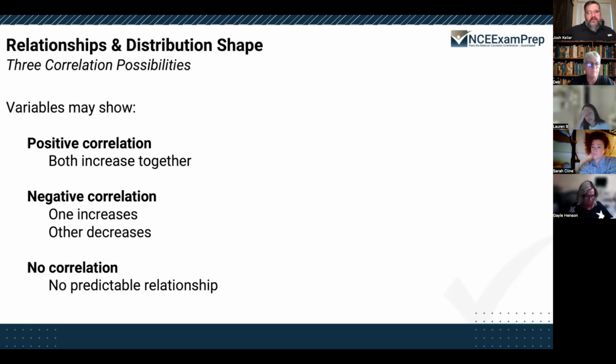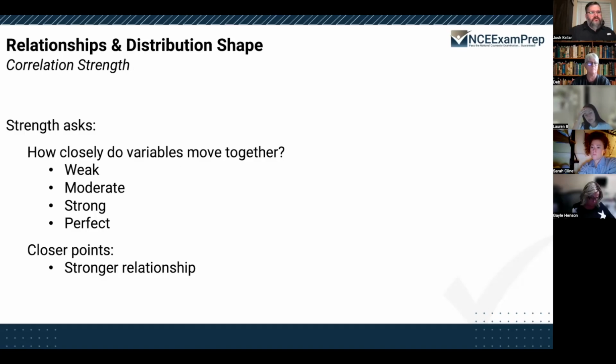Okay, so we're going to look at each of those independently. And we're also going to look at the correlation strength. So not only do they move together, but how closely do they move together? You know, there can be a weak, a moderate, a strong, or perfect, which is very rare, right? The closer the points on a plot, the stronger the relationship, okay?